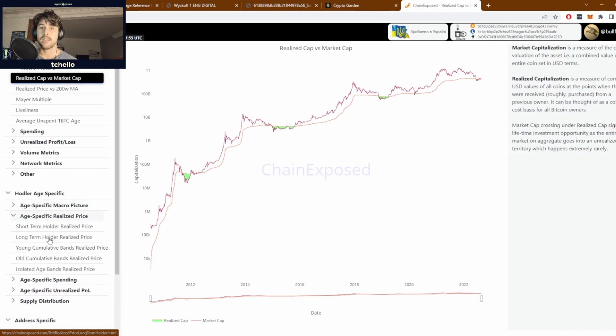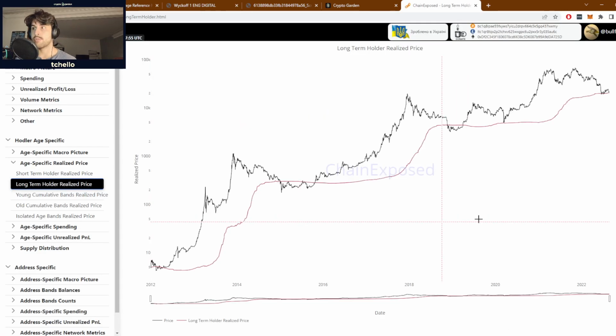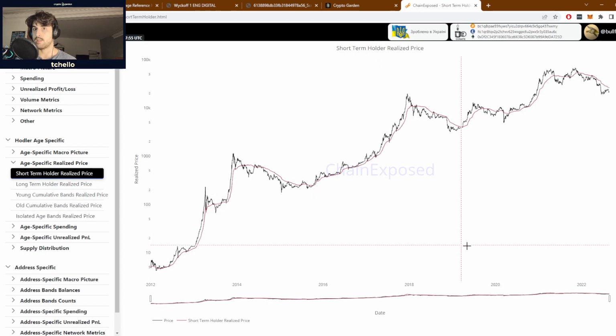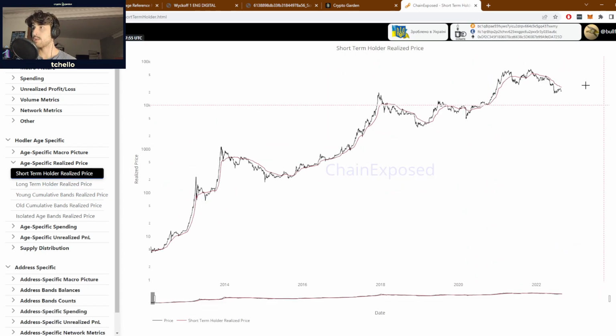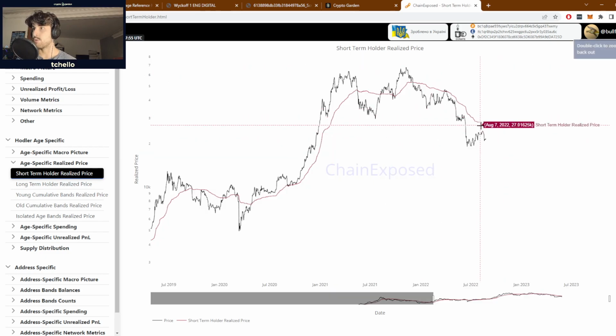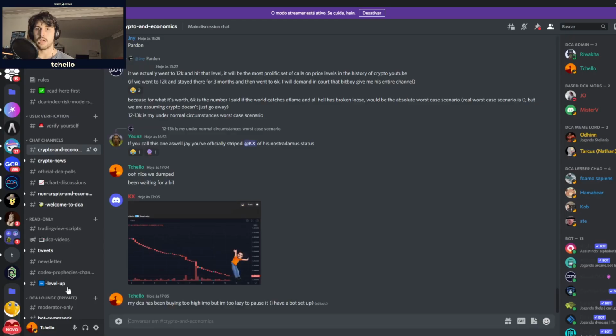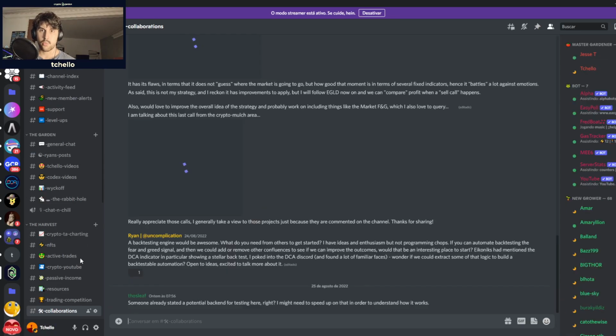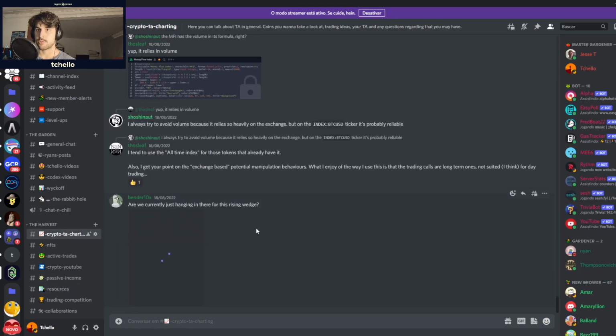And we have specifically the long-term holder realized price, which was the support here, and the short-term holder realized price. The short-term holder realized price generally is a really high resistance point. It is currently at 26K, okay? So it has gone down since I made that first post, which I made, let me see, when I made my last post here in the Crypto Garden.